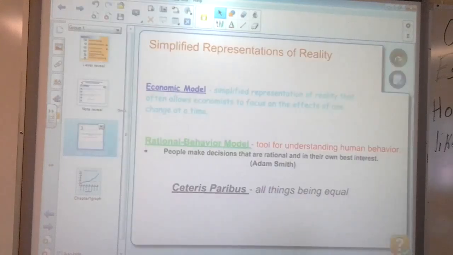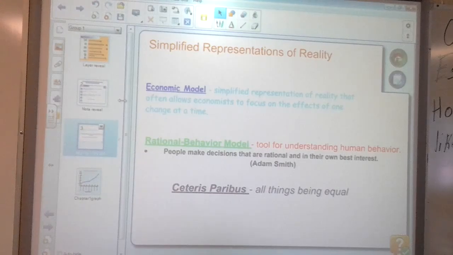All right. And then finally, the last tool that economists use is the economic model. These are just simplified representations of reality. So you look at the economy as a whole, and if you change one thing, how will that affect everything else?